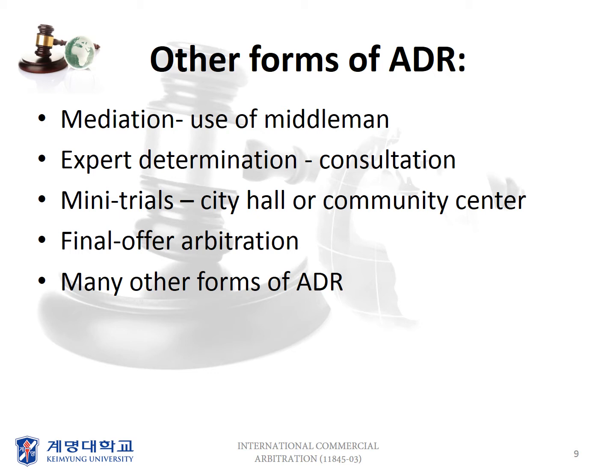There are different forms of alternative dispute resolution. First, mediation. This is a process wherein someone can intervene in a dispute. Secondly, expert determination or consultation.